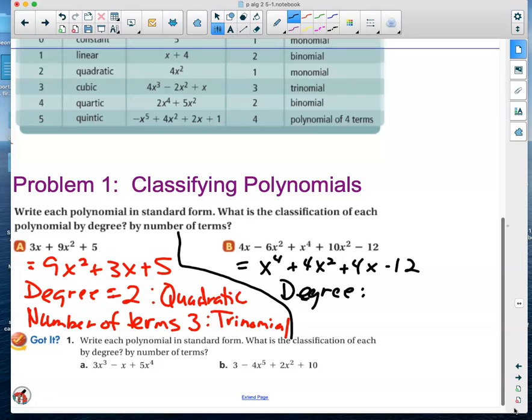Degree 4, quartic. It is. Perfect. And then I need somebody else, and I'm not going to write out number of terms anymore. I'm going to put the little hashtag for number of terms. Somebody please unmute and give me the name.